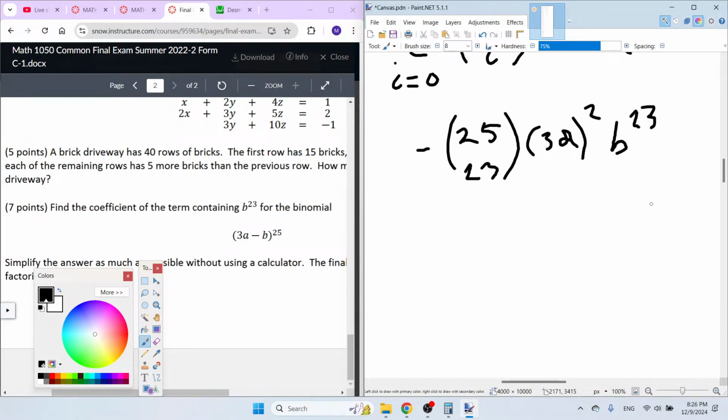3 squared is 9. 25 choose 23 is going to be 25 factorial divided by 23 factorial times 2 factorial. Remember, the factorials on the bottom of the combinatoric have to add up to the factorial in the numerator. So 23 plus 2 is 25.